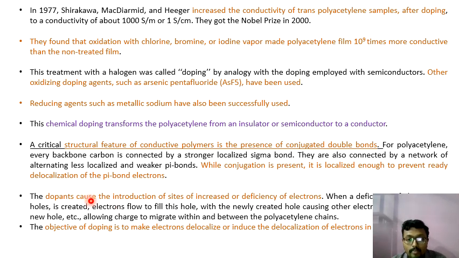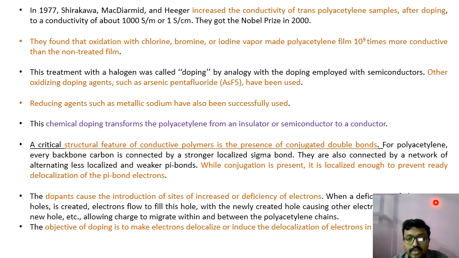Now, if we use dopant, what is happening? If we use dopant, it will increase the electron density at some site, or it will create some electron deficiency at some site.